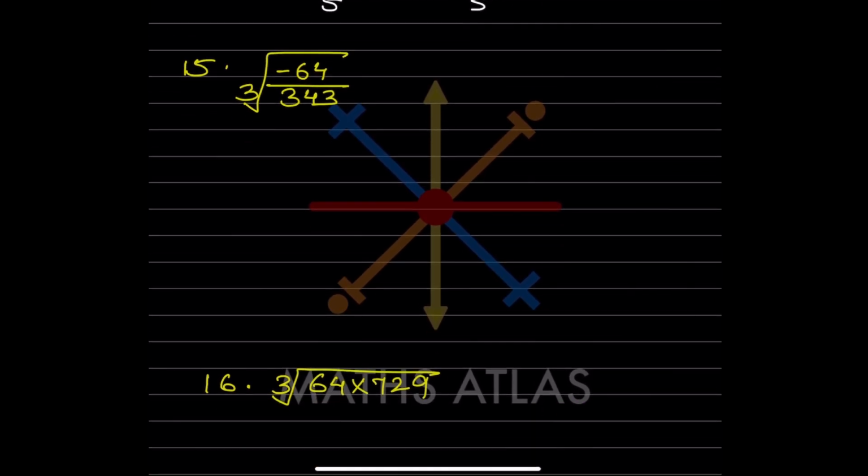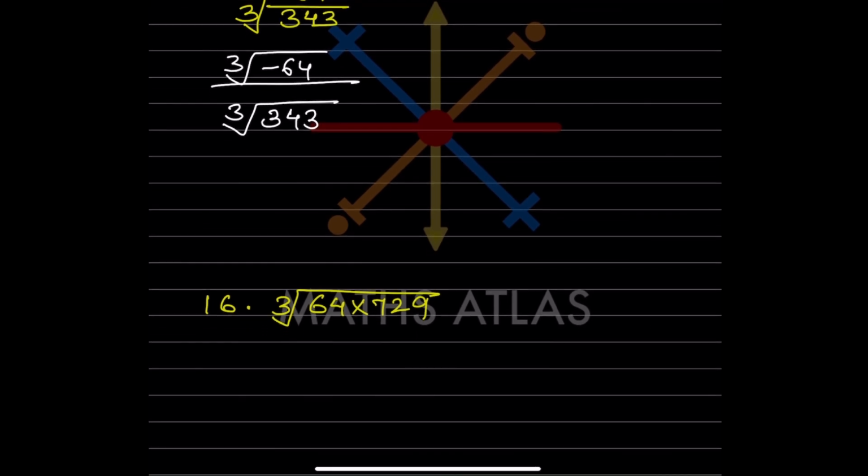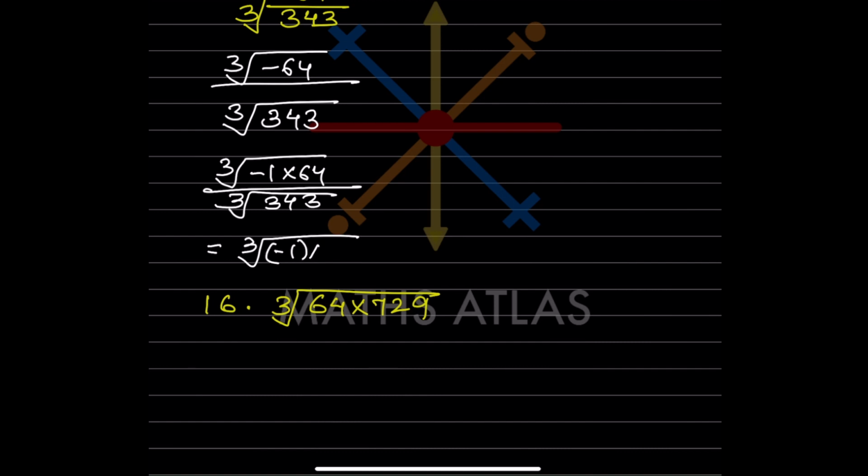We can write this as cube root of -64 divided by cube root of 343. So this can be written as -1 into 4 into 4 into 4.